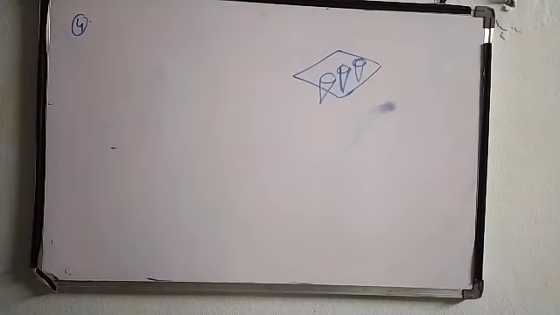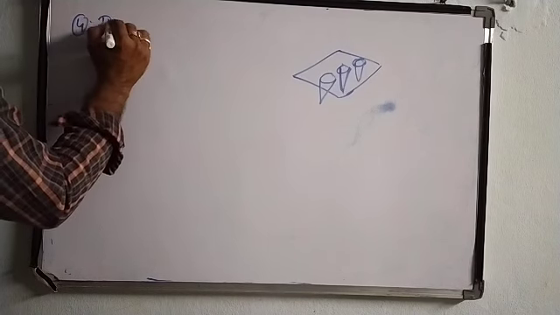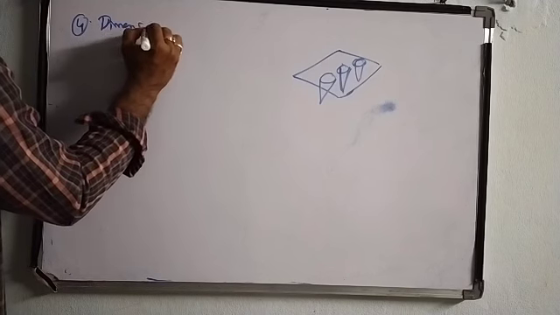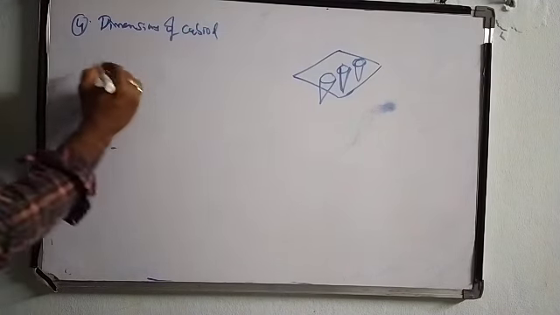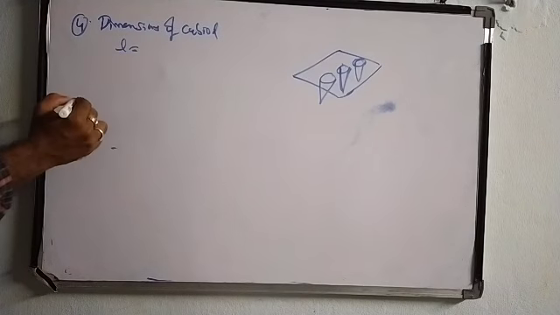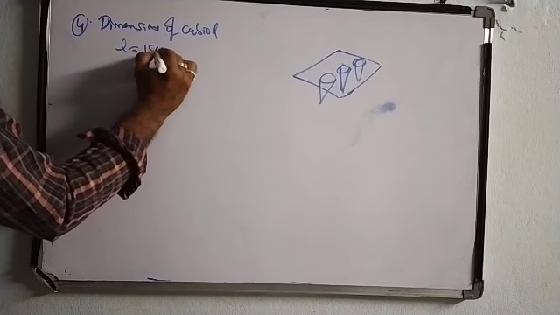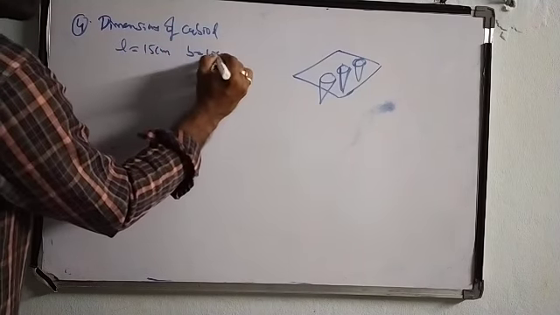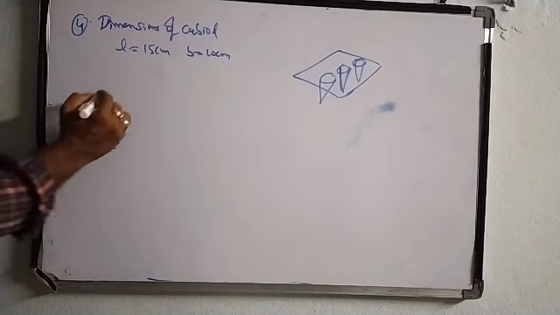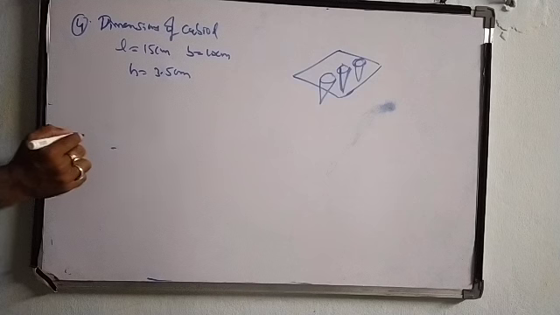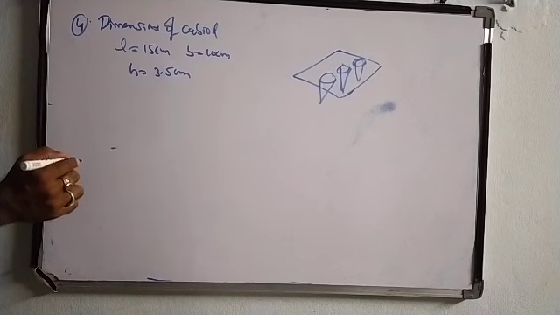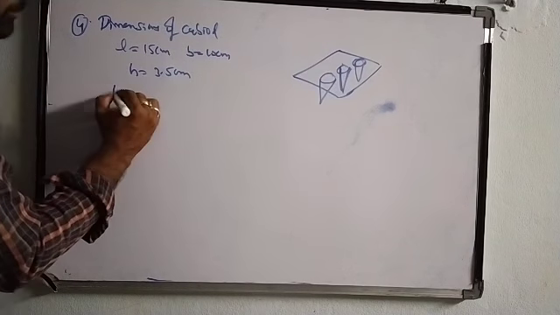So the dimensions of the cuboid are: length is given as 15 centimeter, breadth 10 centimeter and height is 3.5 centimeter. And the radius of each depression is 0.5 centimeter.